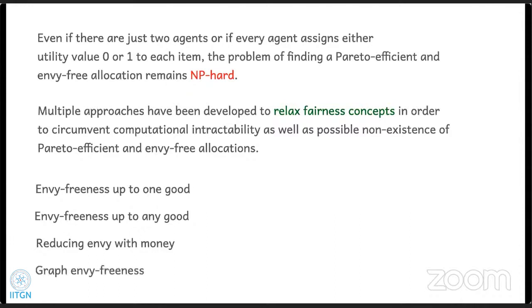There's also a notion of graph envy-freeness, which may be of special interest to people who like working with graphs. I think both settings have been explored, but the natural one that I mean when I say you want to relax this fairness concept of EF is to say that you have a graph on the set of agents to whom you want to allocate these resources, and you experience envy only among people that you know.